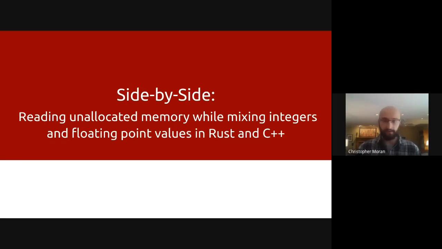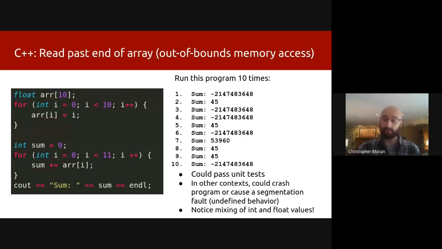So just a quick side-by-side, we're going to look over a little bit of code that's been written in C++, a little bit of code that's written in Rust, and compare them about the bugs that could potentially occur and how Rust helps to prevent some of the more common errors that you might see while writing C++ code. So here we have a little bit of code that does something fairly simple, where we're allocating an array of values, and then we're filling it, and then we're trying to sum all the values in that.